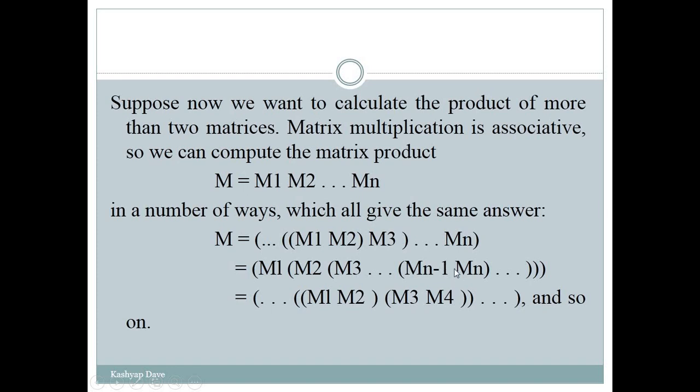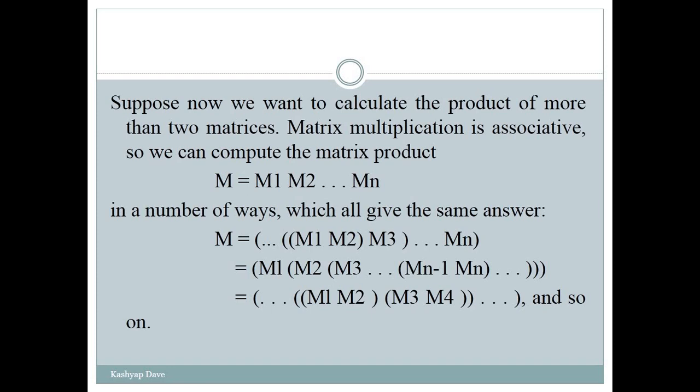Here we start from the last, meaning we multiply Mn into Mn minus 1, this is multiplied with Mn minus 2, then with Mn minus 3, up to M1. Also we can multiply M1 into M2, M3 into M4, and then multiply both of them. So there can be a number of ways for multiplication of matrices.